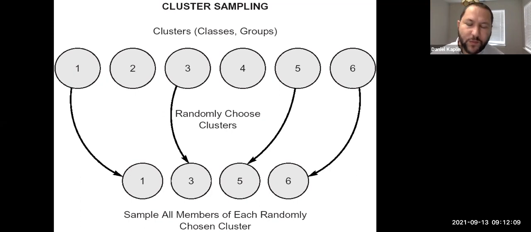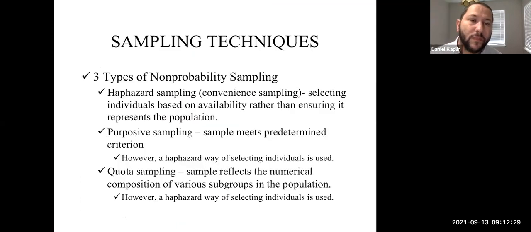So that's what we talk about with cluster sampling. So you can see the difference between cluster sampling and the other probability sampling is you take every individual that is part of that program rather than just individuals within themselves and not others.